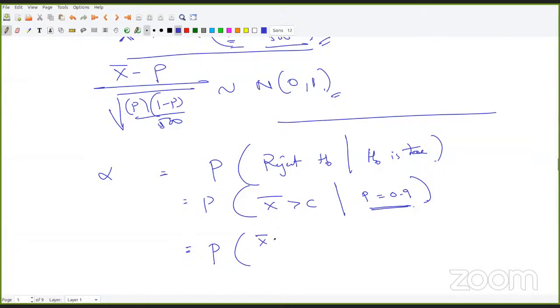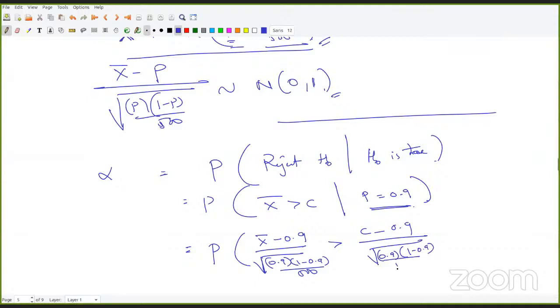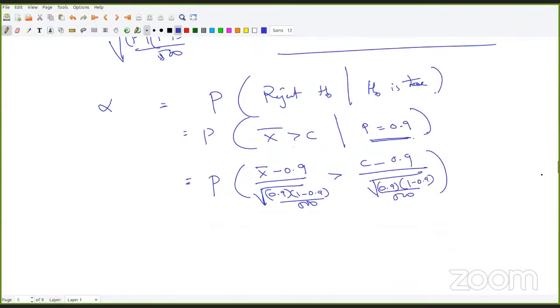So we do x bar minus 0.9 divided by root of 0.9 times 1 minus 0.9 divided by 500, greater than C minus 0.9 divided by the same. This is the probability we are going to compute. And the significance level alpha, in the question it is given as 0.05.